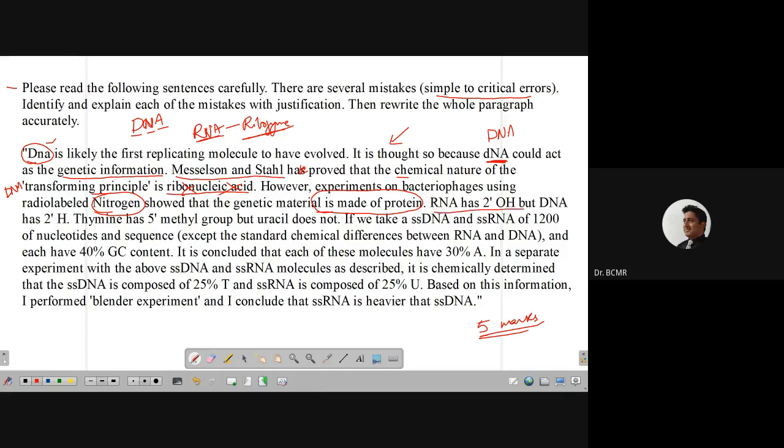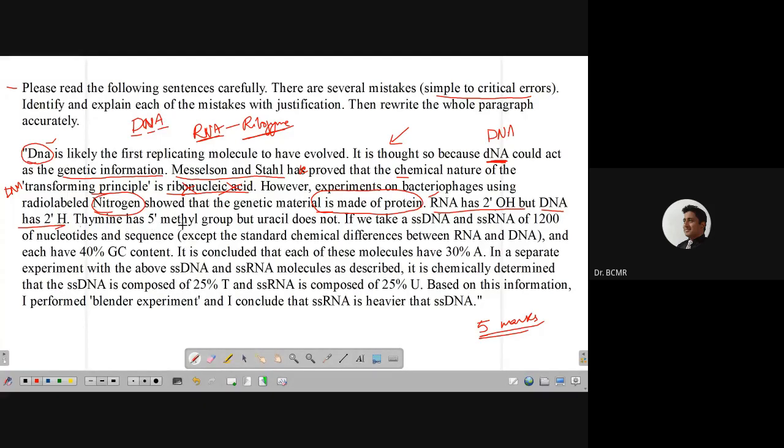RNA has 2' OH, but DNA has 2' H. That is fine, I guess. Is that right? I think it is all right. RNA has 2' OH, whereas DNA has H. That's not a problem, I guess.